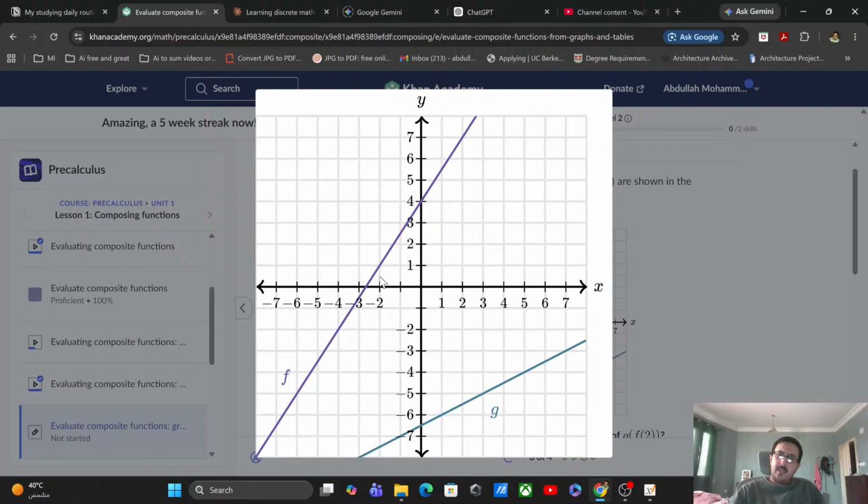So 6 here on the x-axis, 6 here. I don't think it touches. It doesn't touch, but I don't know.